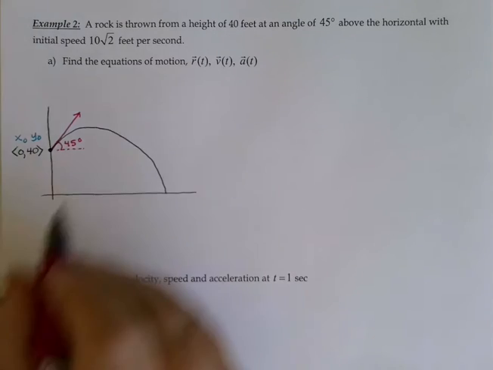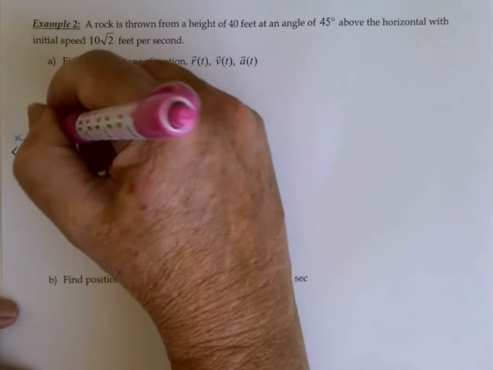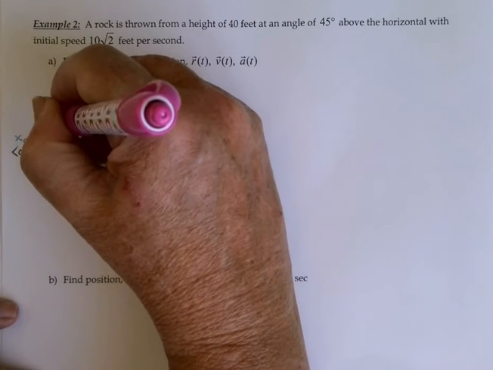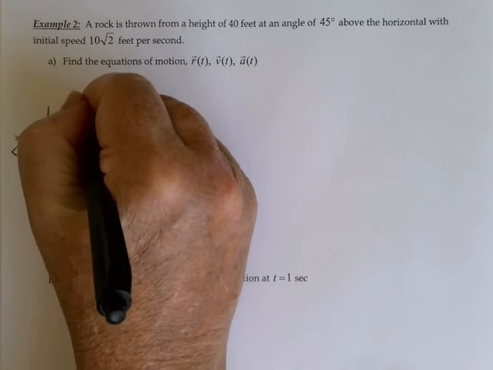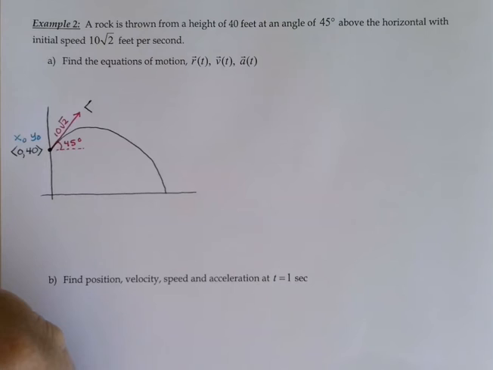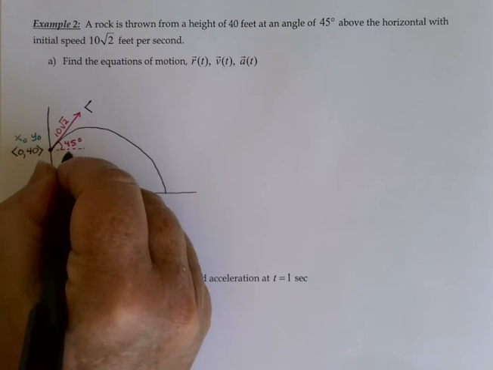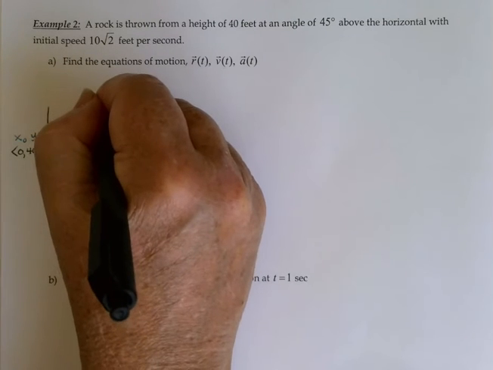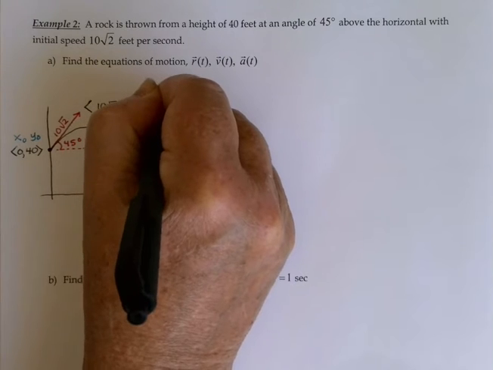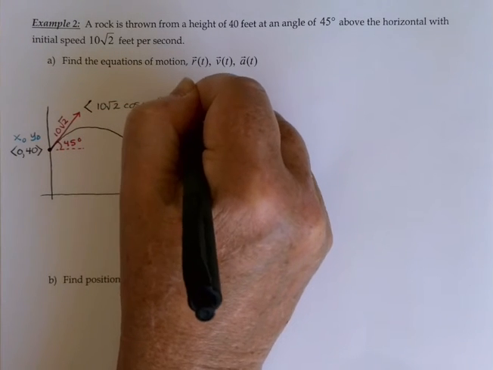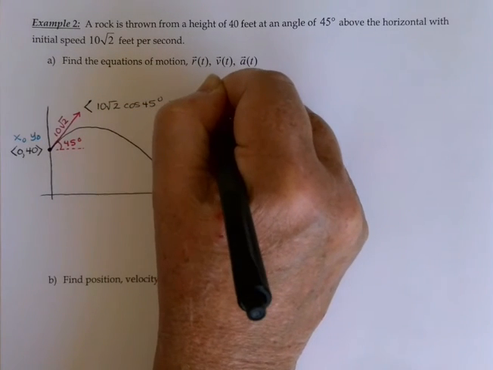And the speed is 10 square root 2. So the magnitude of this vector is 10 square root 2. And that means I could write the vector itself as 10 square root 2 cos 45 degrees and then 10 square root 2 sine 45 degrees.